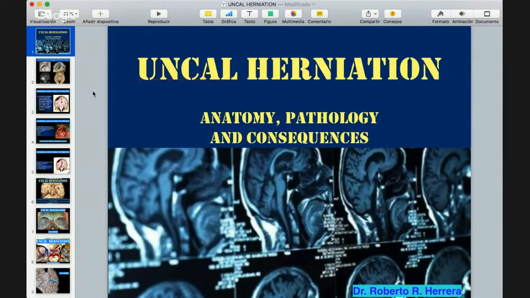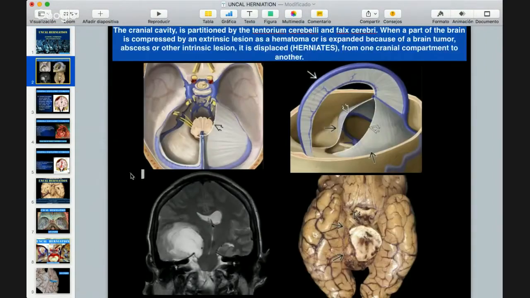Well, I'm going to talk about uncal herniation, hippocampal uncal herniation. The cranial cavity is partitioned by the tentorium and the falx cerebri into different compartments.